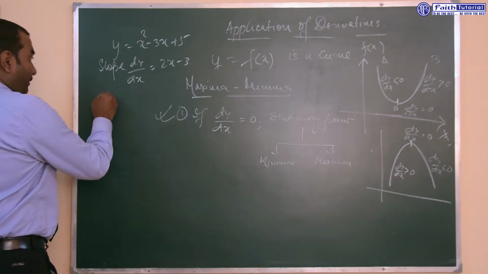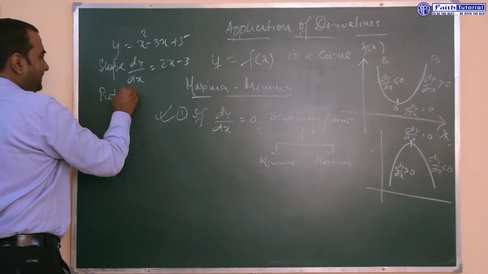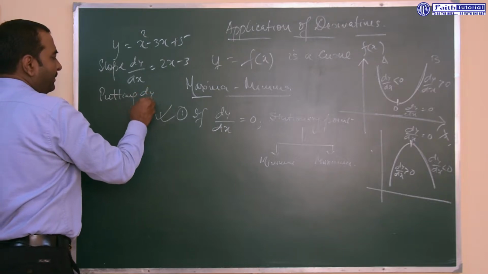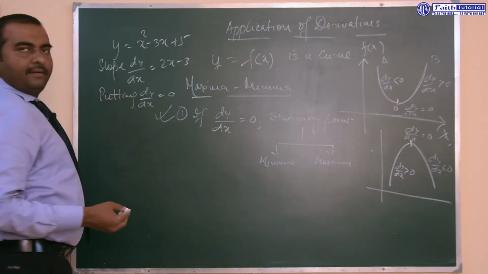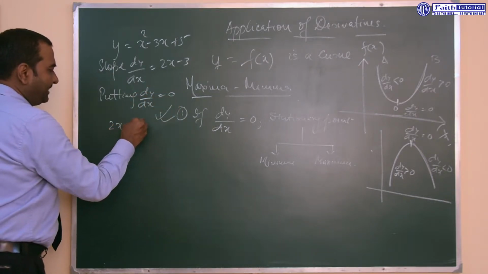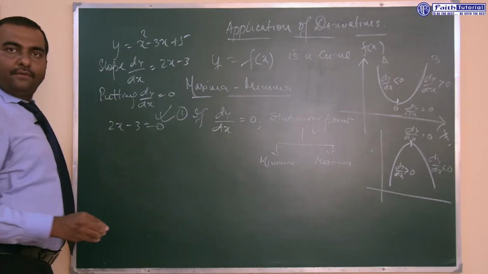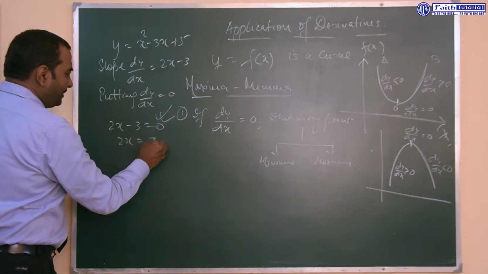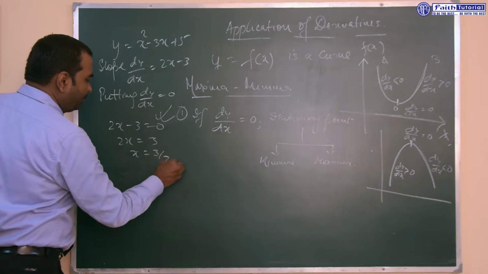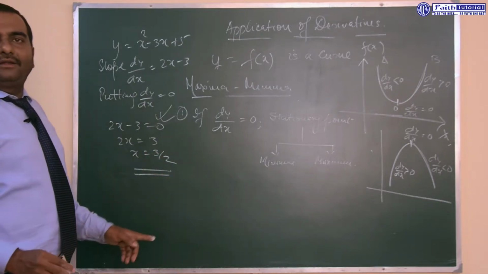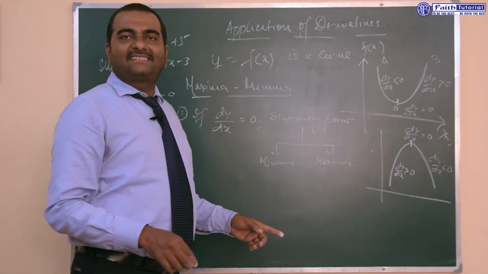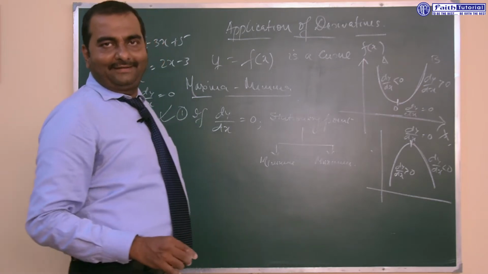Now putting dy by dx equals 0, that's 2x minus 3 equals 0, we have 2x equals 3 or x equals 3 by 2. That's the point where the curve is either at the maximum point or the minimum point.